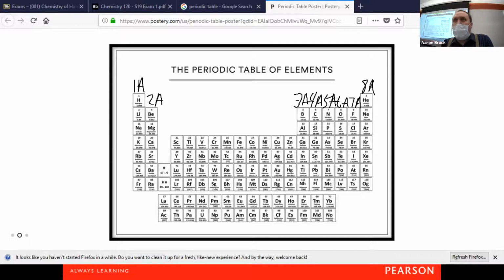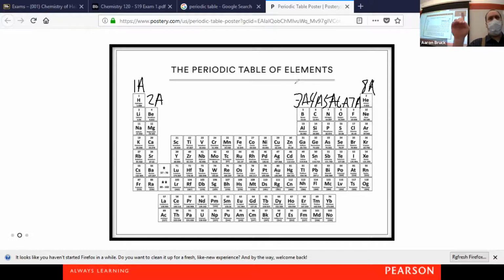Well, now that we know a little bit more about the octet rule itself, we can actually use these same groupings to talk about charge, because if you look, all of the metals we know are going to have a positive charge, and based upon the number of valence electrons they have, that's also going to be their charge.